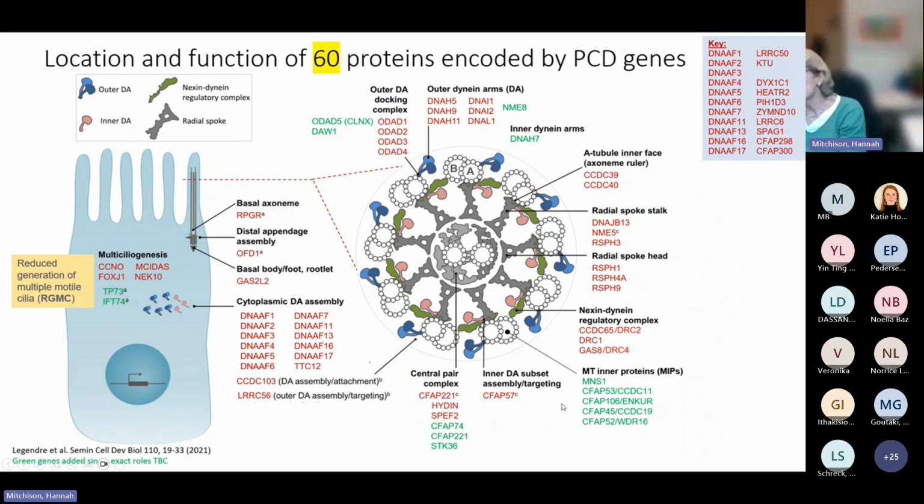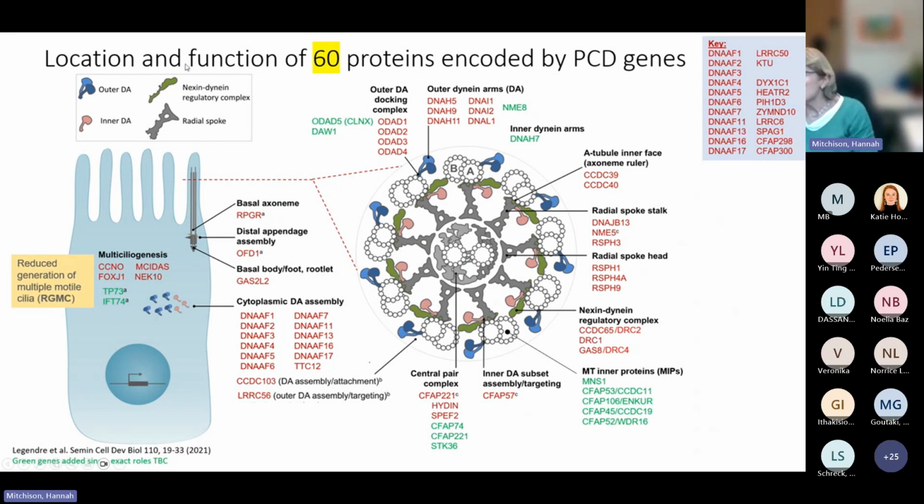So we have several new genes literally just in the space of a couple of years where we're starting to link these to PCD, and that's very much through the power of next generation sequencing and people really getting traction with looking at large cohorts with DNA and now RNA sequencing to determine the mutations.